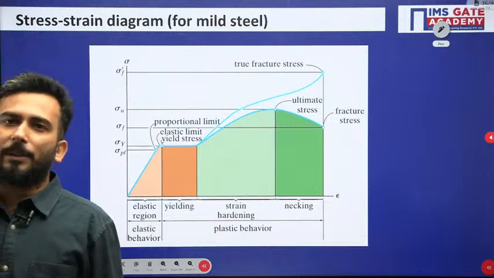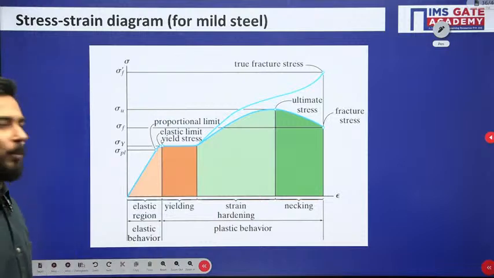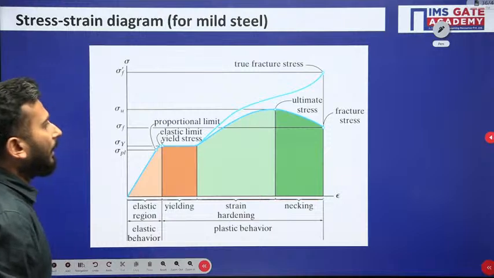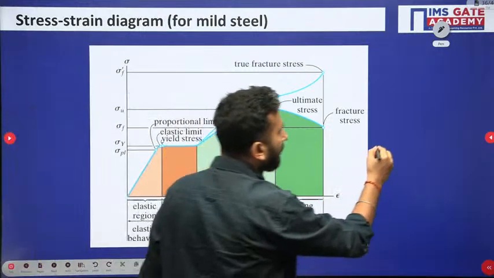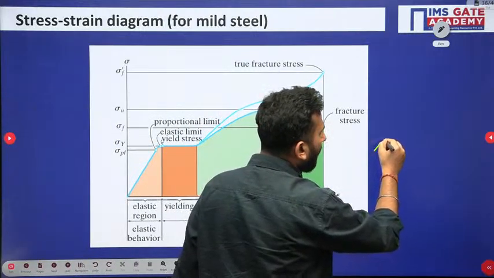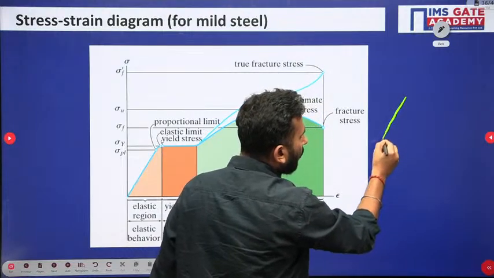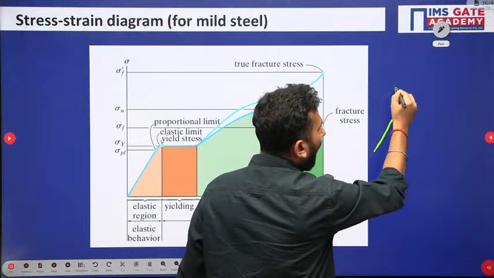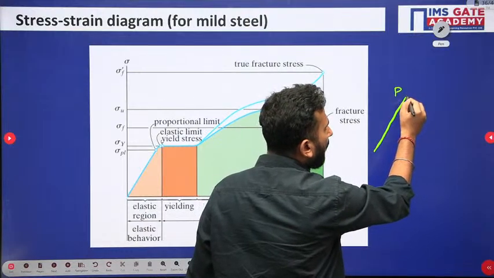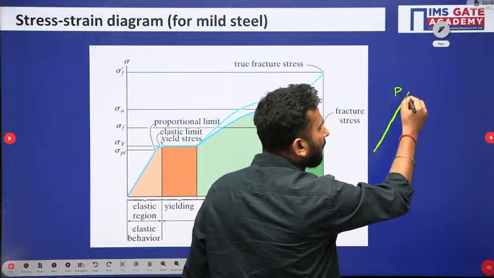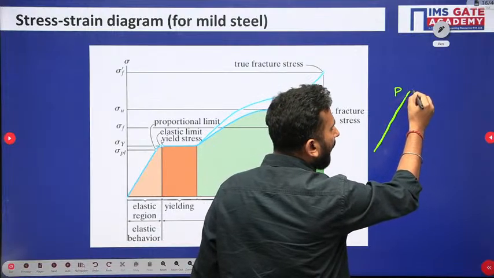This is what I am explaining, Atul, the difference between the proportional limit and the elastic limit. This is the proportional limit, where a straight line exists, and just after it the curve will be slightly bent.